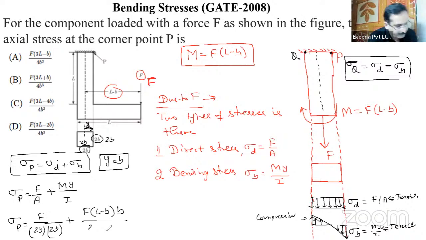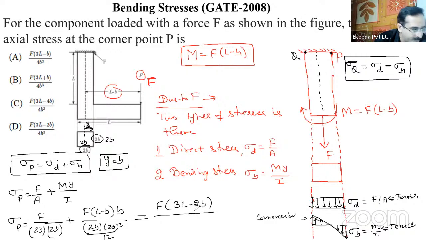Solving it, you will get the value as F into 3L minus 2B by 4B cube. So this is the answer, right? So what is the answer actually? D is the answer.